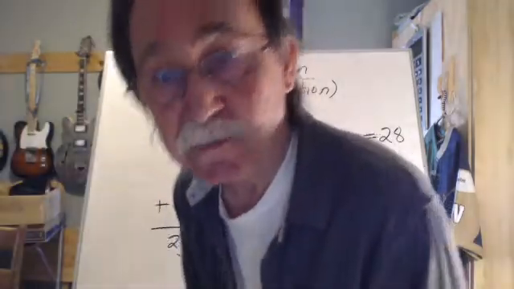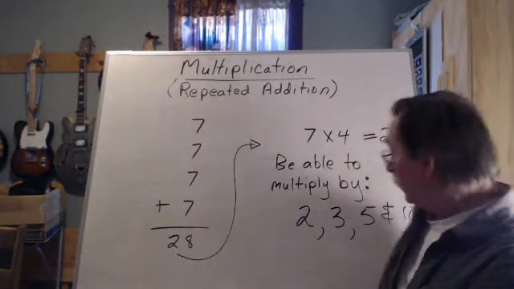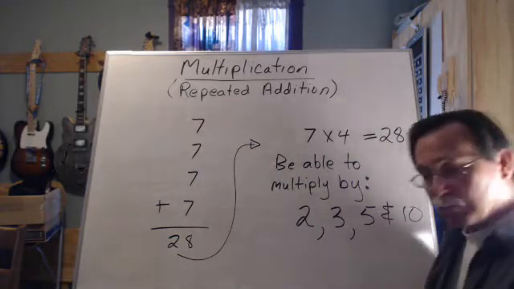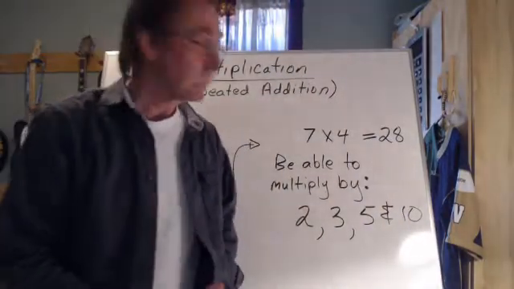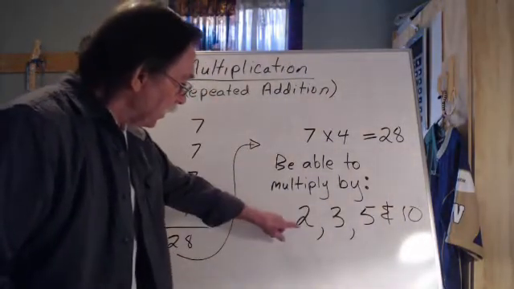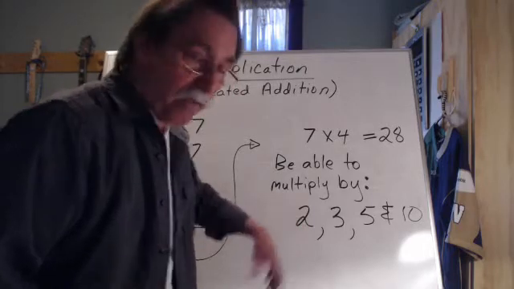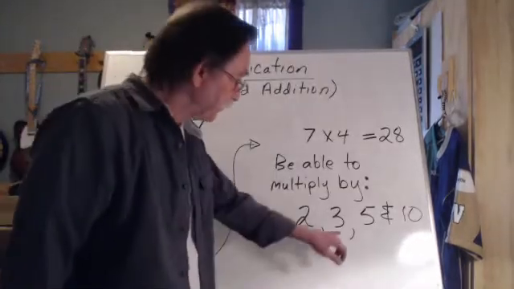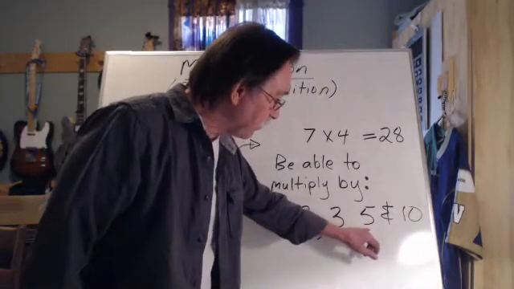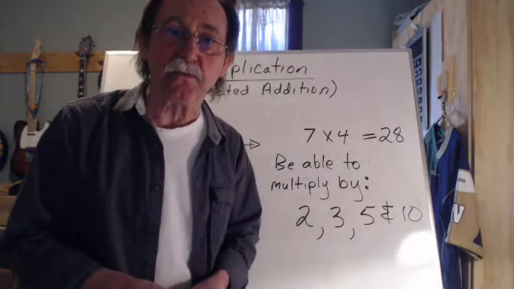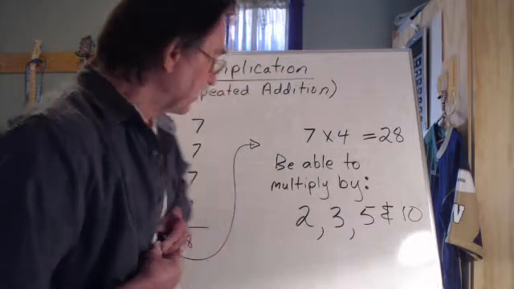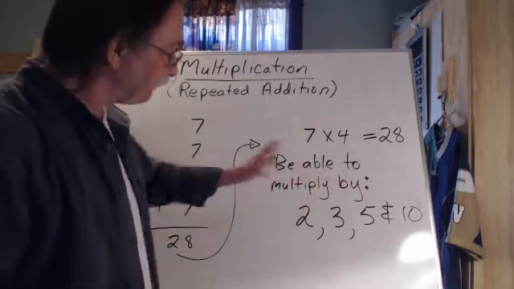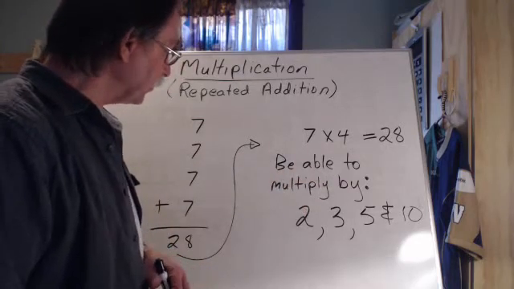At least know those ones. Those are critical. And I only need you to go up to 2 times 9, up to 3 times 9. We'll count by 5s and we'll count by 10. So we'll deal with those as necessary. I might make up another video just talking about that, but not right now.